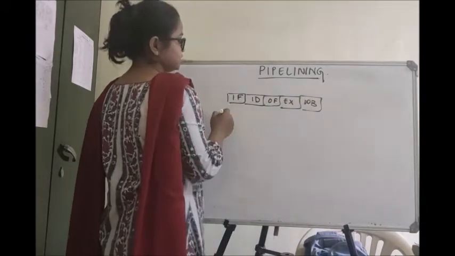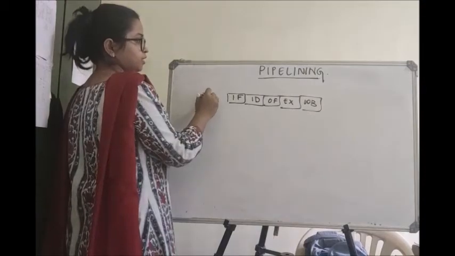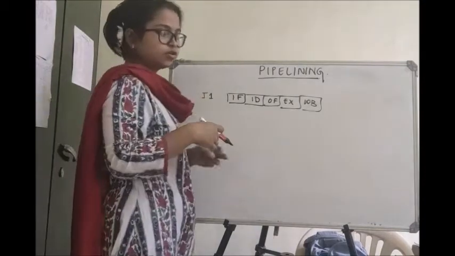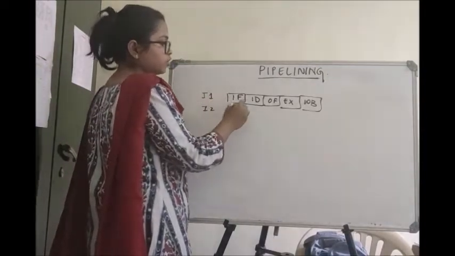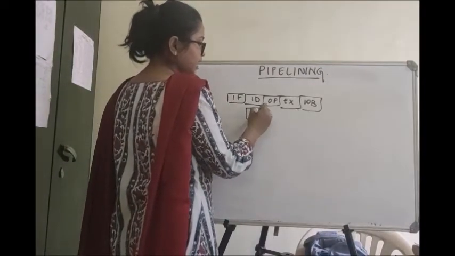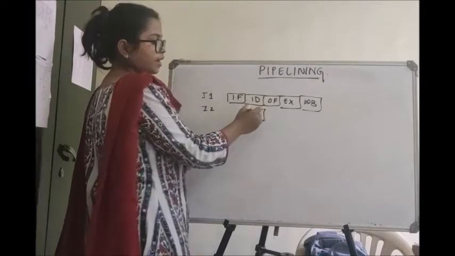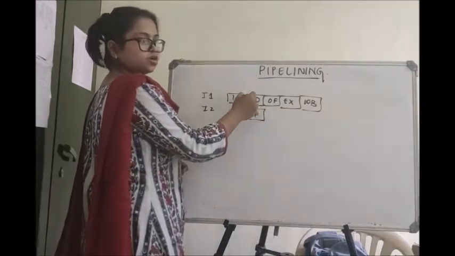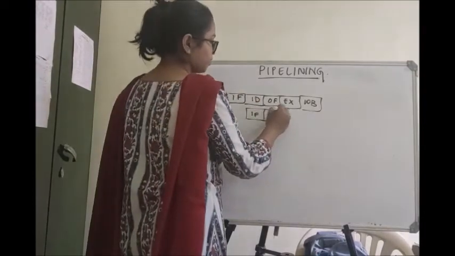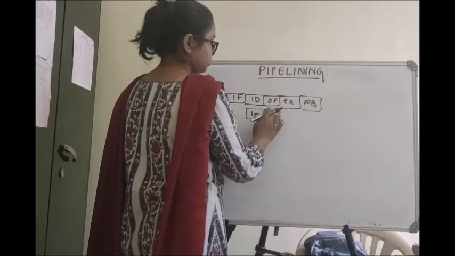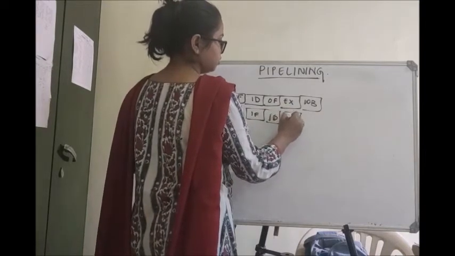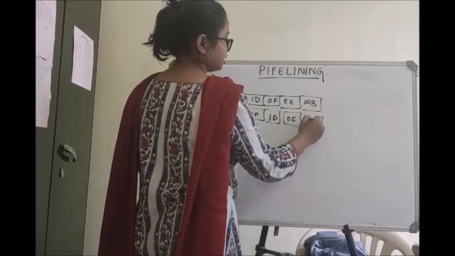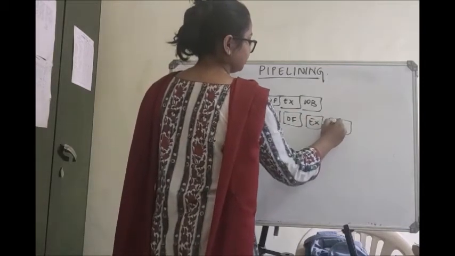I'm just going through a quick revision. Then in instruction 2, at the same time, the decode and instruction fetch stages are busy, and this is instruction decode, then operand fetch, execution, WB.